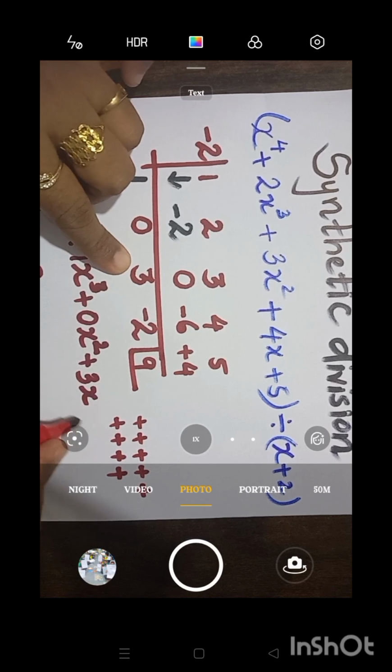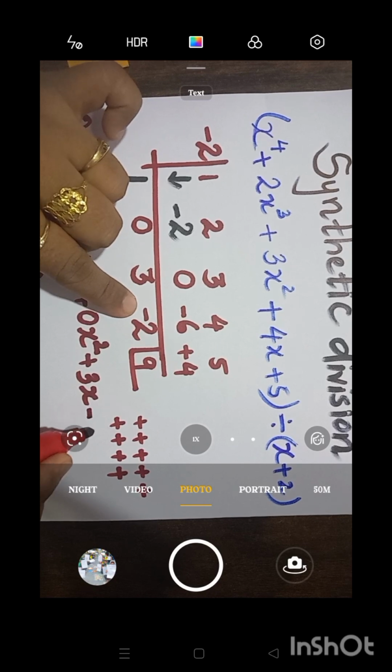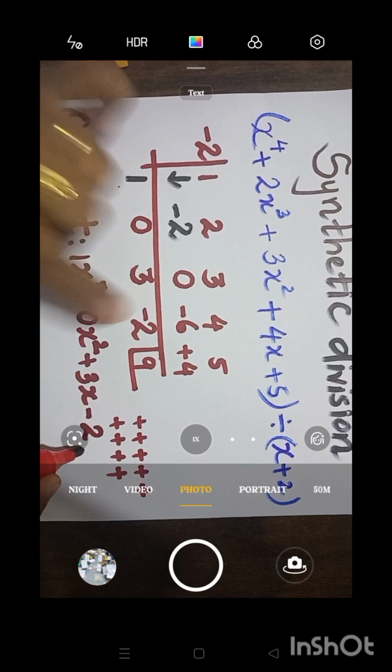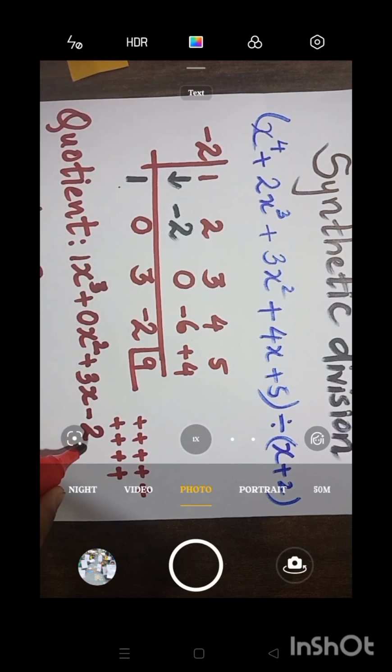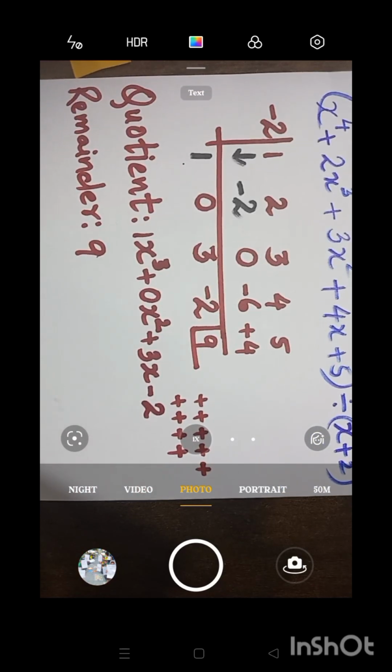If you don't write 1, it's understood that the power is 1. Then there is a minus sign, so I'll take minus 2, and the power of the variable would be 0. If you don't write x raised to 0, it's understood that the power is 0. So this is your quotient, and 9 is your remainder.